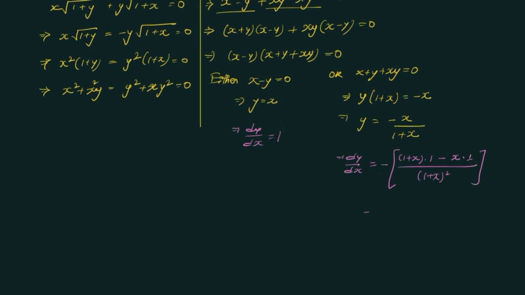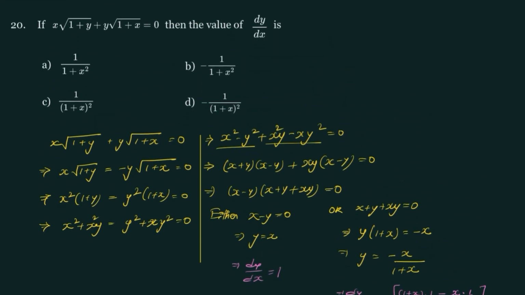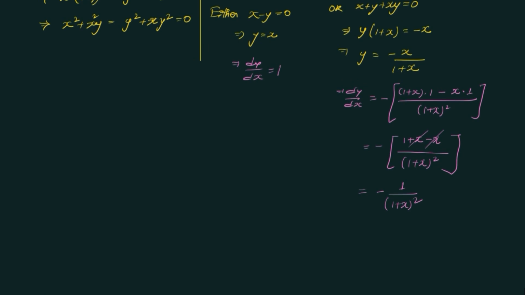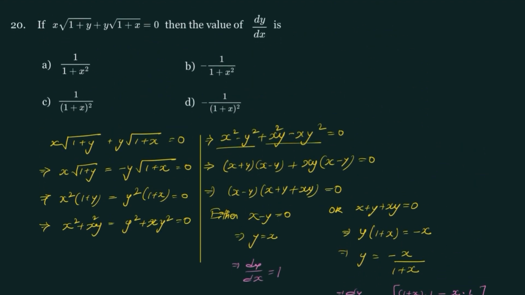So that means dy by dx will be minus, here it will be 1 plus x minus x by 1 plus x whole square. So minus x plus x gets 0, so it will be minus 1 by 1 plus x whole square. That means the correct option for this question is option D, minus 1 by 1 plus x whole square. This is the correct option.